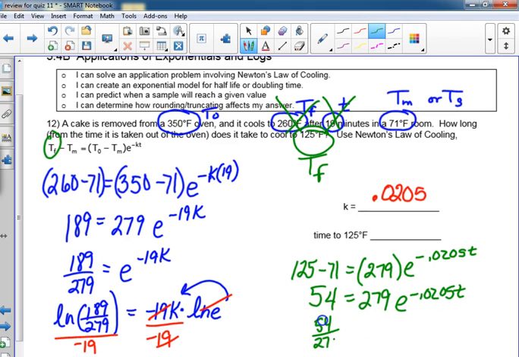54 over 279, take the natural log. I'm skipping work because I'm out of room. Shouldn't. When you divide this, you get a negative, and then you should be dividing by a negative. Yeah, it's a long time.